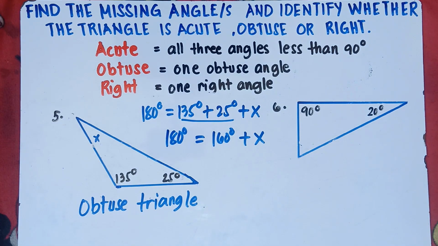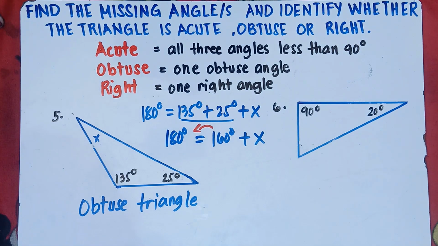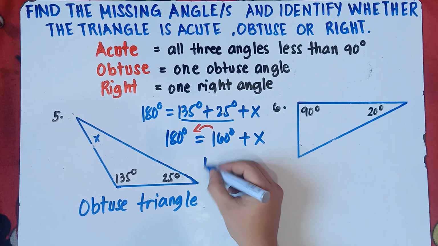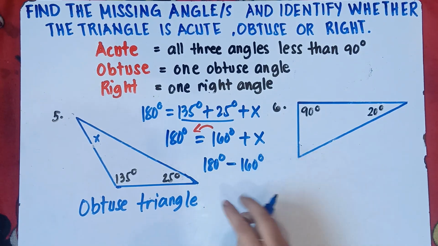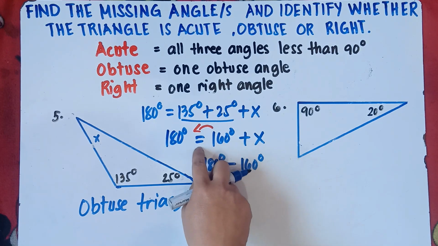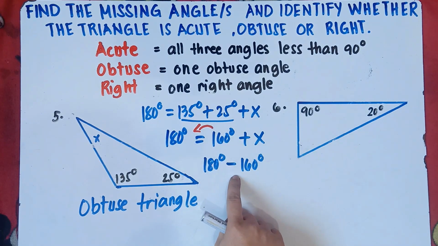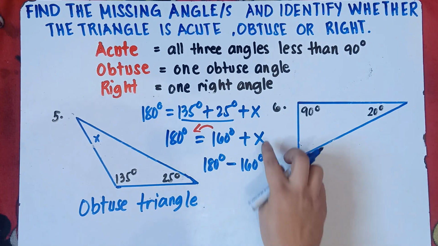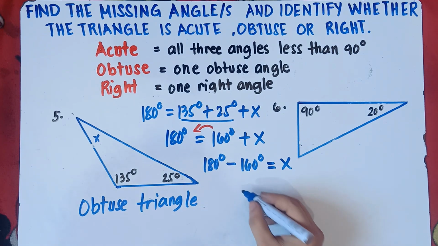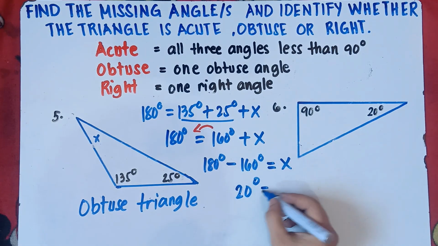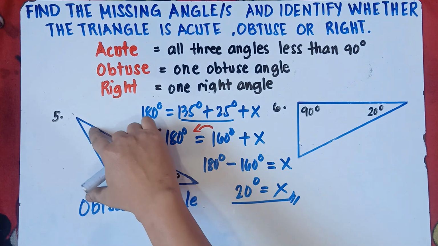So to get the value of x, we transpose 160 from right to left. This is positive, it will be negative. So 180 degrees minus 160 degrees. Do not forget, class, once you transfer from this equal sign, you always change the sign. Copy equal sign, then copy x. 180 minus 160, that would be 20. Then copy degrees. So the value of x is 20 degrees. So this is 20 degrees.